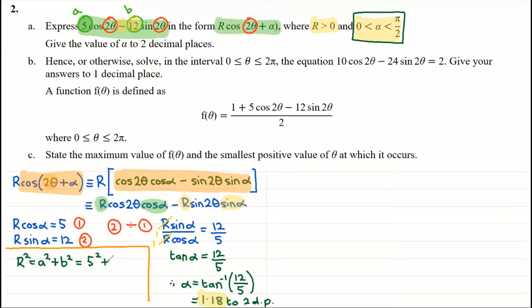Well, b is, of course, 12, although it's negative, it doesn't make any difference at all, because if you square a negative, of course, you get a positive. So the values themselves will be fine. Okay, and then that's obviously going to be 169. So therefore, r is the square root of that, which is 13. But you might have known that already. If you did, well done.